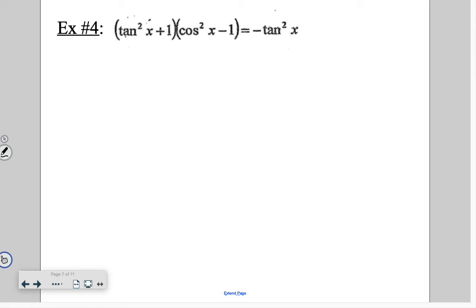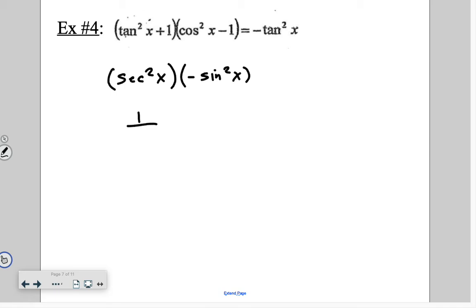Okay? So in this case, tangent squared plus 1 is really just what? Yep, that's just secant squared. Times cosine squared minus 1. Be careful. Negative sine squared. Oh, look, that's where the negative's coming from. We needed a negative tangent squared. There's the negative. We got it. Now what do we do? Sines and cosines, yep.